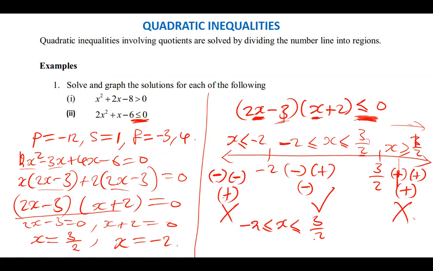From there, you can write this in interval notation, which is x is equal to numbers between -2 and 3/2. But because we have the less or equal to symbol there, it means we're using closed brackets on both ends.